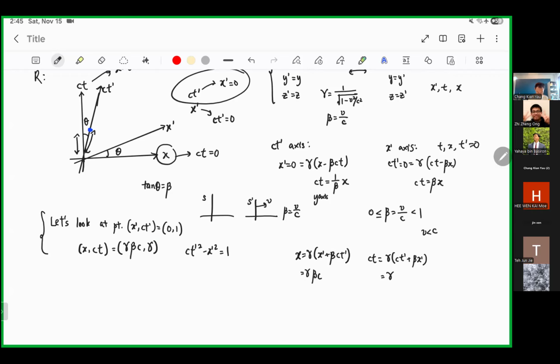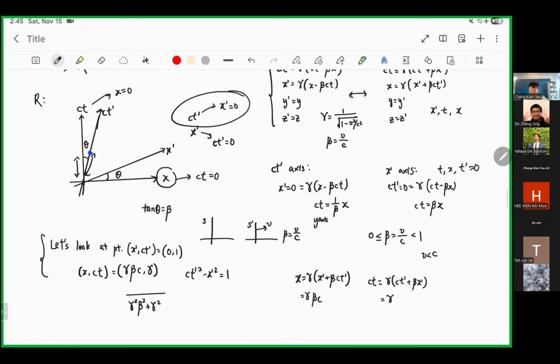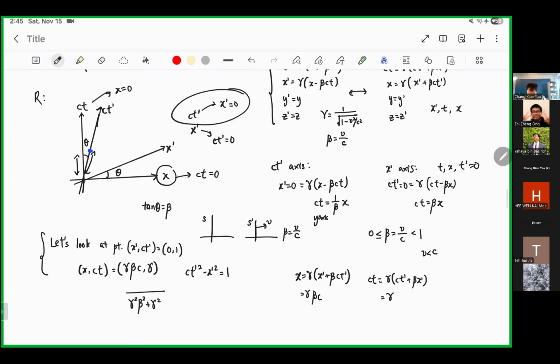If I want to take just the modulus squared, you have gamma squared, beta squared plus, do I want to take c equals 1? Let me check the units a bit. I'm still confused.